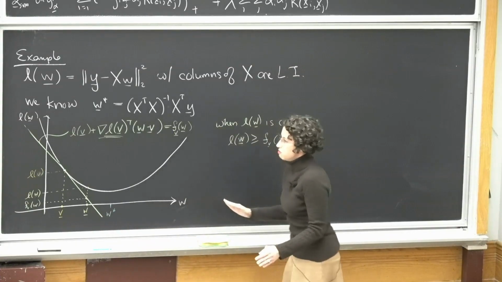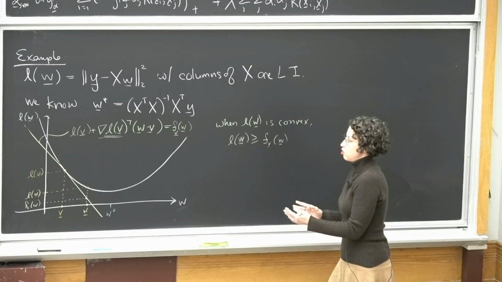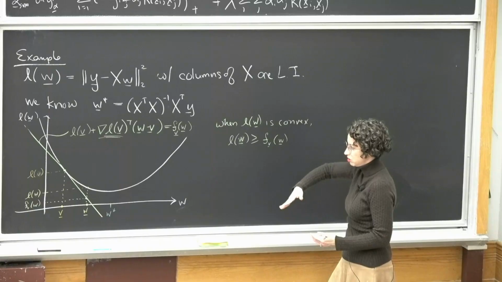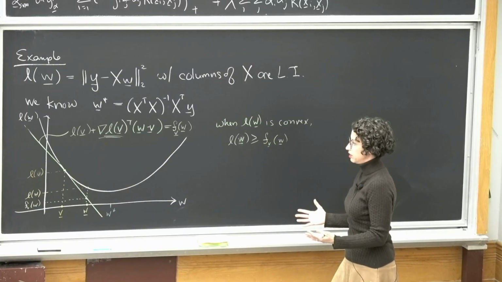And this has to be true, like I said, for all V and W. So no matter where I choose this point V, no matter where I put my tangent, my function in white always has to be greater than the tangent.